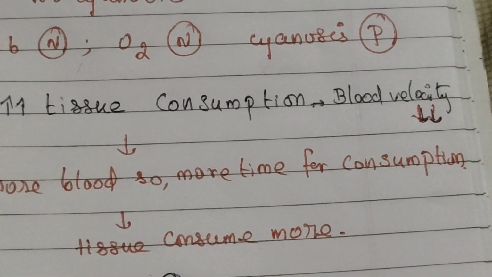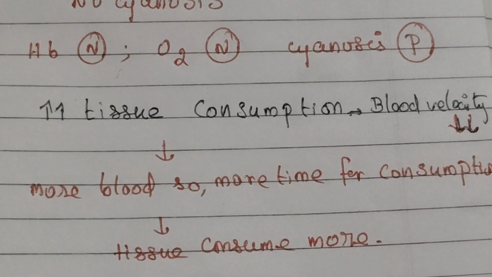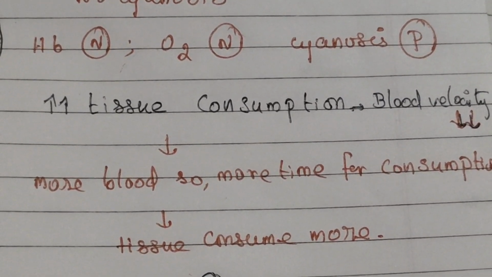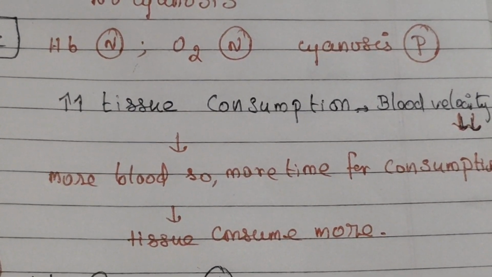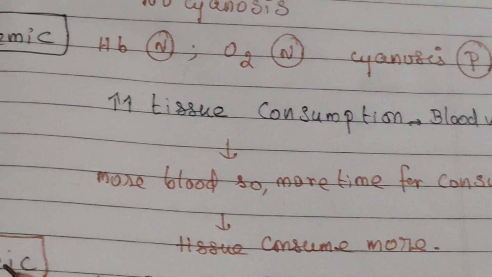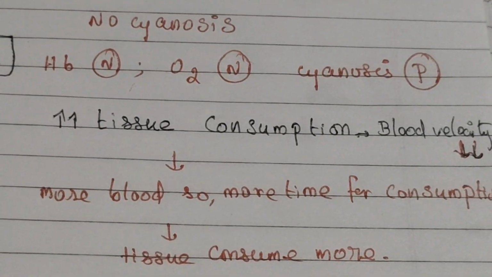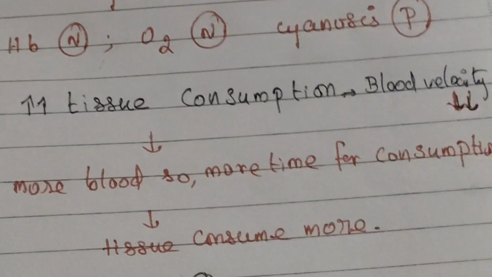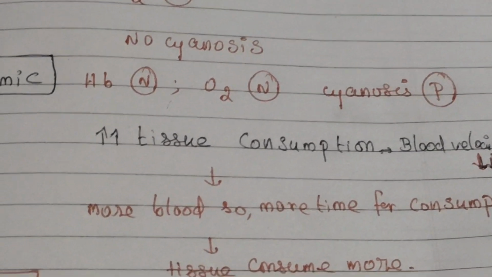The tissue will consume more, and that is how tissue consumption increases. And at the end, when the blood is going out, the hemoglobin is still normal, oxygen also normal, so here we can find cyanosis.